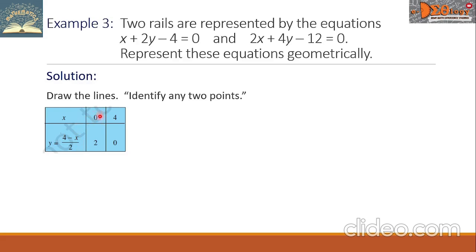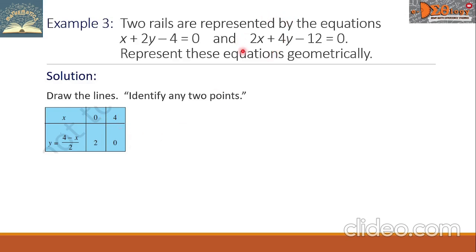We substitute 0 to this equation, and the value of y is 2. Also, we can assign 0 to y and we can solve for x. We substitute 0 to the y here and the x equals 4. So we have 2 points for this line. The points are (0, 2) and (4, 0).